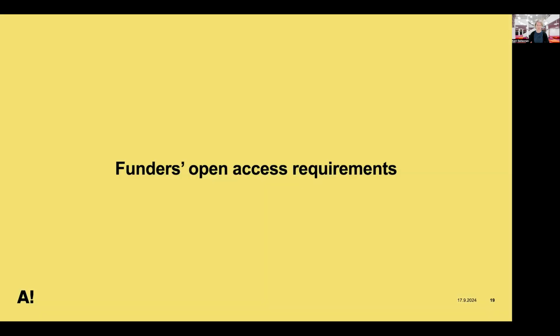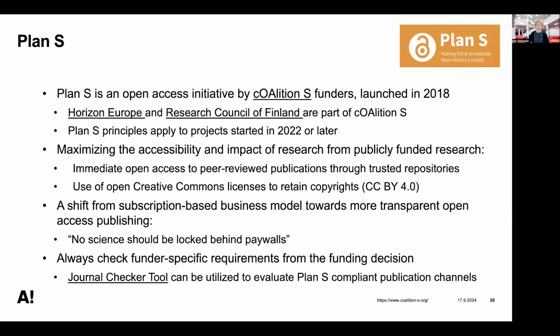Then next, we will briefly talk about funders' open access requirements, and the Creative Commons licenses are currently an important part of these as well. Funders have had their open access requirements for many years already.